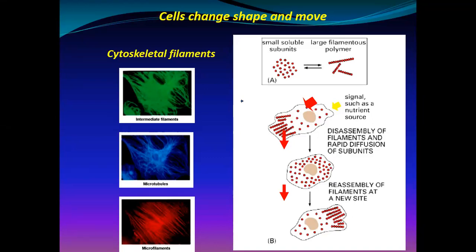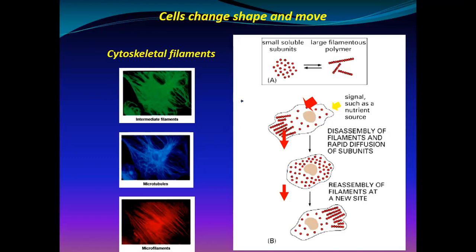A cell can change shape and move, right? Later I will teach you how macrophages move from somewhere to the site of infection or inflammation. That is the same mechanism.